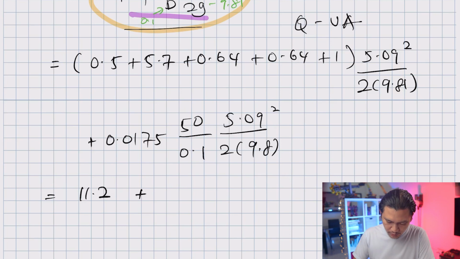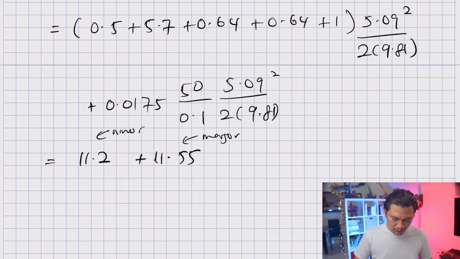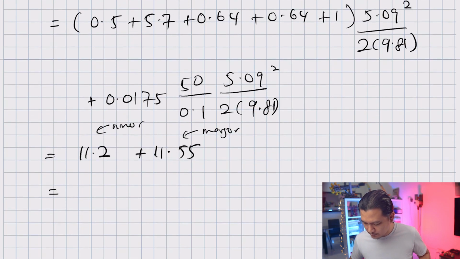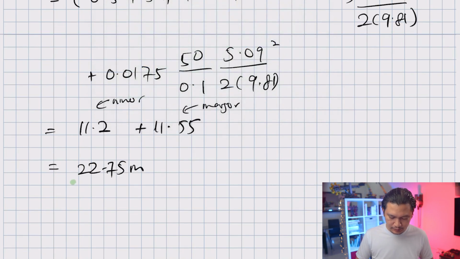This is 11.55 meter. Now, we know that this is your minor loss and this is your major loss. The total of these two is 11.2 plus 11.55, 22.75 meter. And that is the answer.